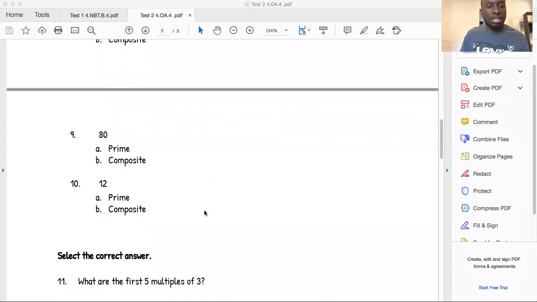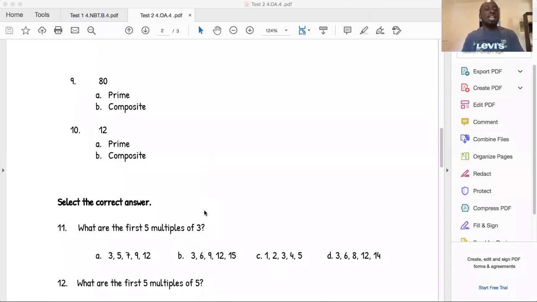Moving on down. Number 9 and number 10 are just like it. If I do 80, I'm going to do another color. I know that 1 times 80. And just to show you that this number is also composite, I can do 2 times 40.